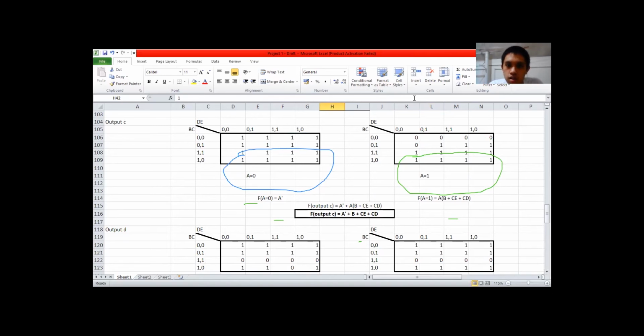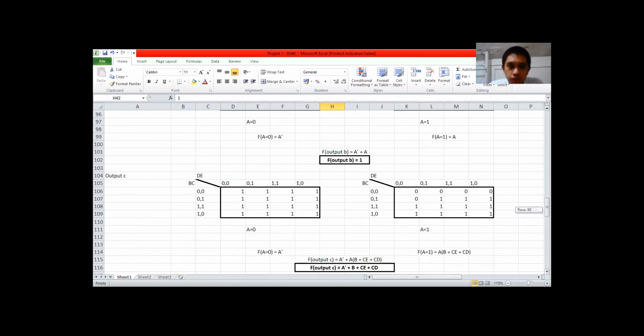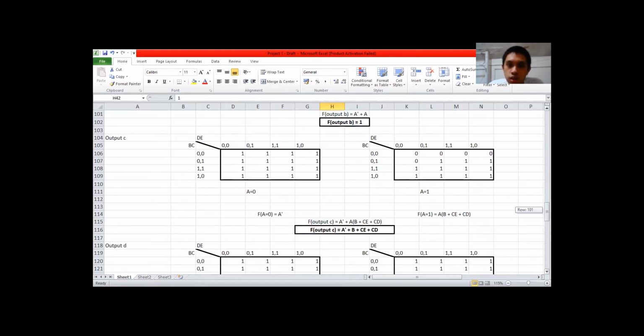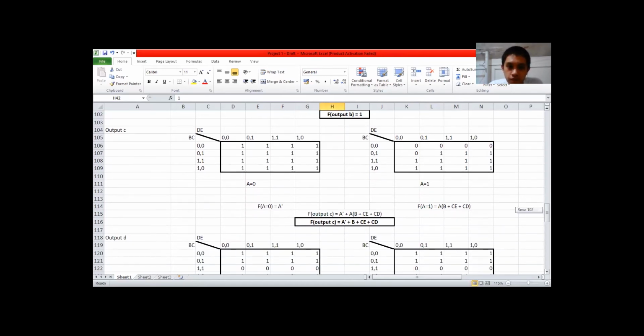So let me clear this. For output C, here is the K-map that we did for output C. So the grouping that I made was this one. Okay, so for this part, A is equal to 0, the grouping is like this.